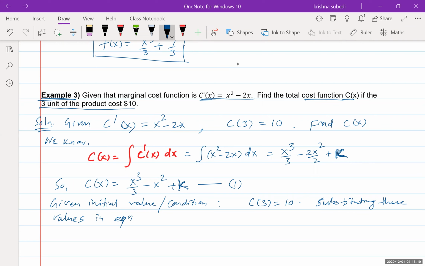Substituting the value given in the initial value condition, you will get C of 3 is 10 equals 3 cubed over 3 minus 3 squared plus k. All you need to do is find the value of k.